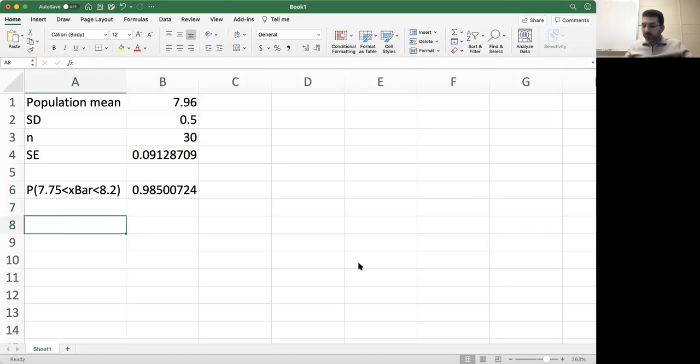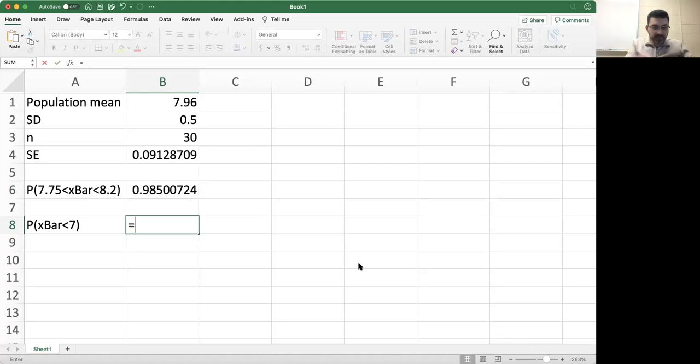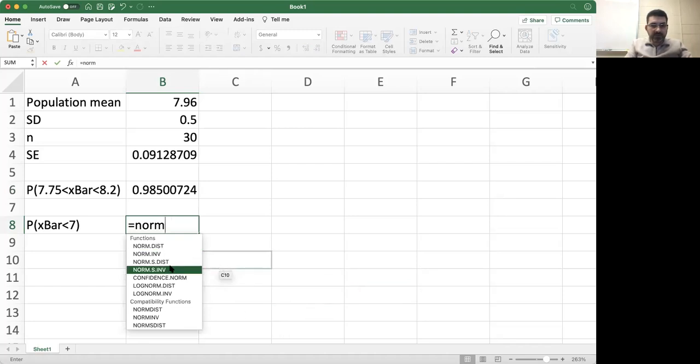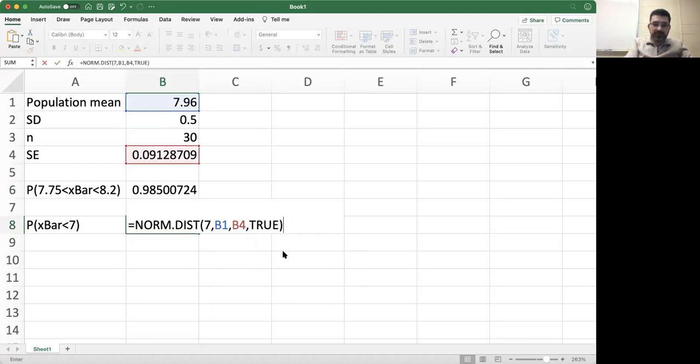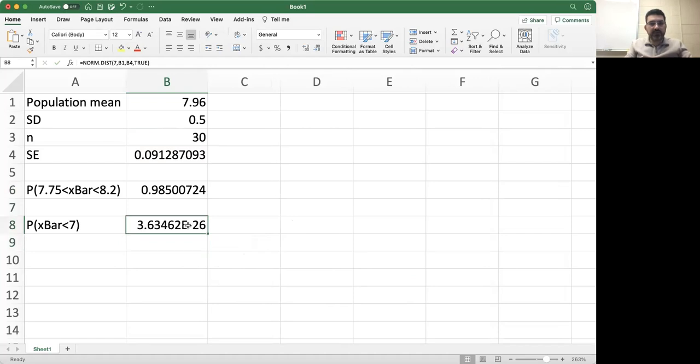For the second question, when we need to find the probability that X bar is less than 7, I know it's equal to 0, as I said to you, but just for more practice: the normal distribution, the mean is equal to 7, same population mean, same standard error, and true. It gives you this number, which is 0, because you have E negative 26.